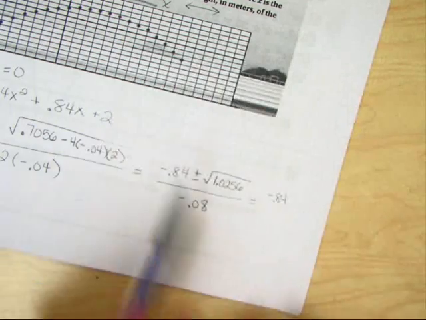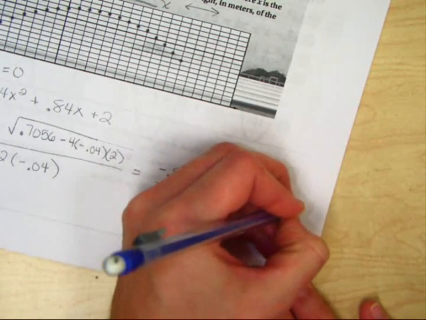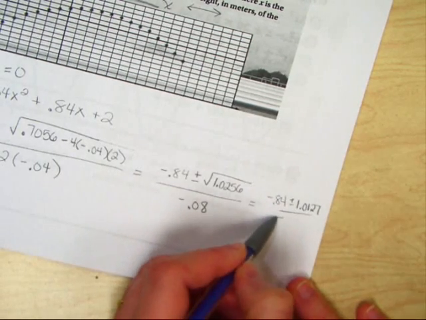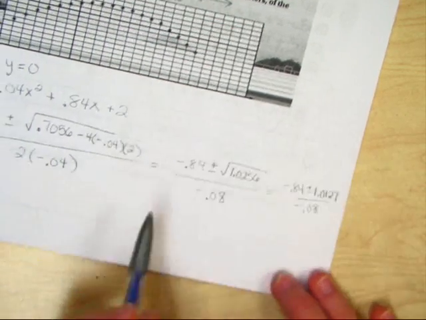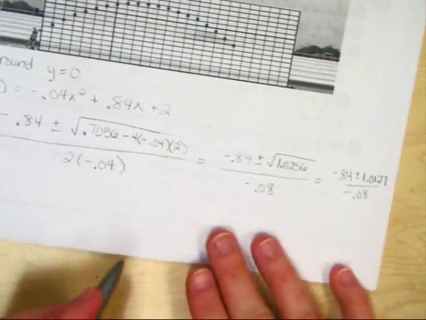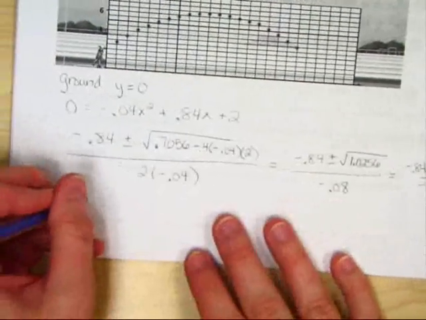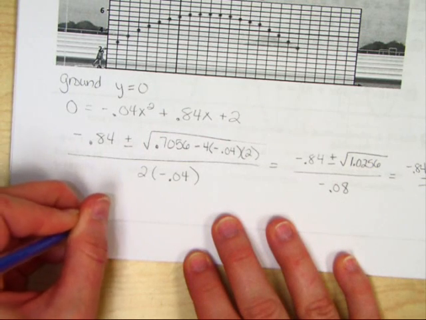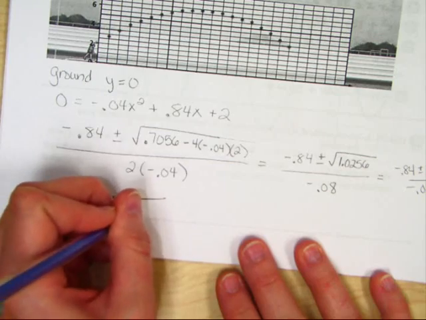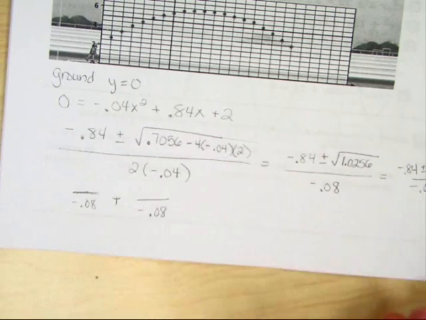1.0127. So plus or minus 1.0127 over negative 0.08. Now let's add them and put it over negative 0.08, and let's subtract them and put it over negative 0.08. Okay, so I'm going to write my two denominators because I know that's what my denominator is, and okay, here we go.